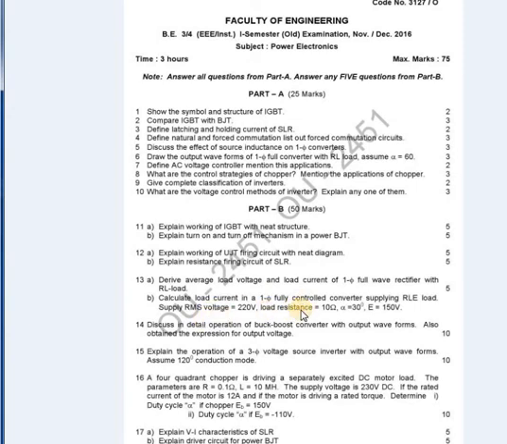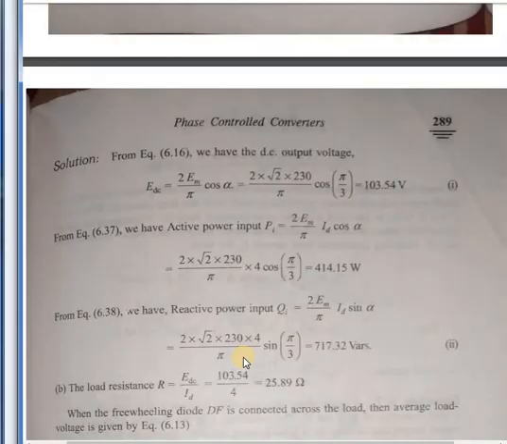Calculate the load current of fully controlled rectifier with RLE load. Supply voltage is given, load current is given, and back EMF is given. So now here what you have to do is you have to subtract this voltage from. Now you see here, we will have it.